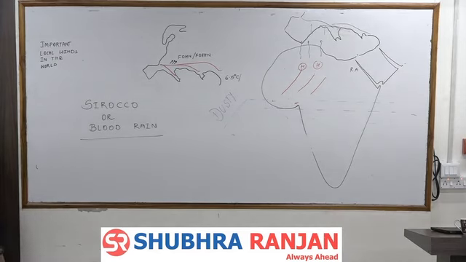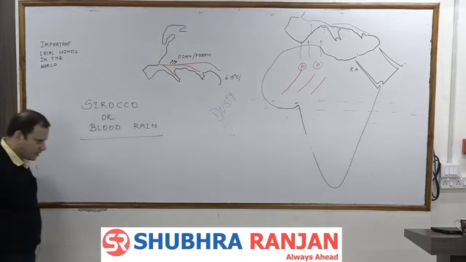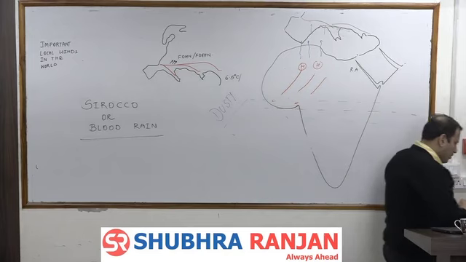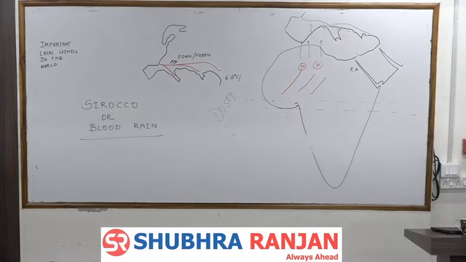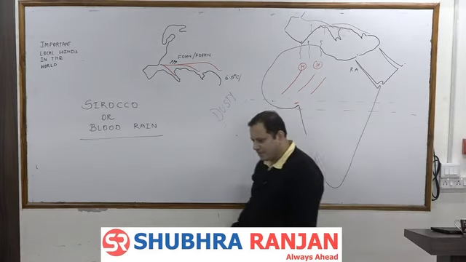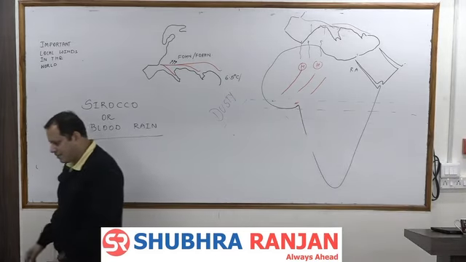These are dry and dusty winds which originate in the northern part of the Sahara Desert.